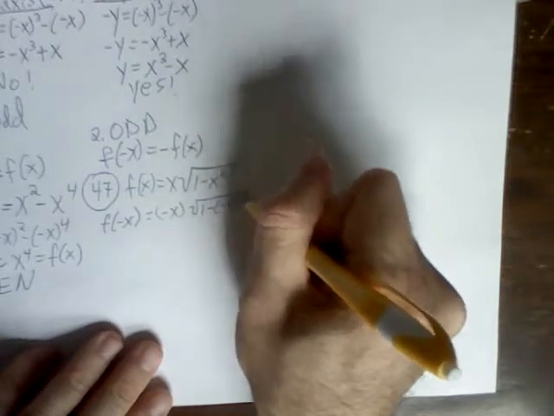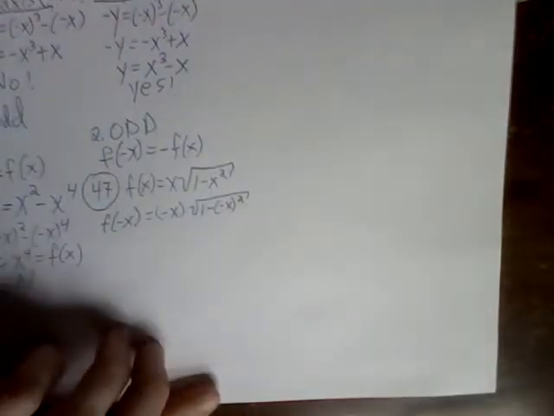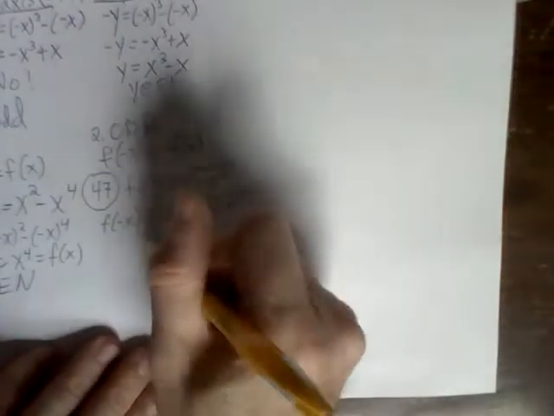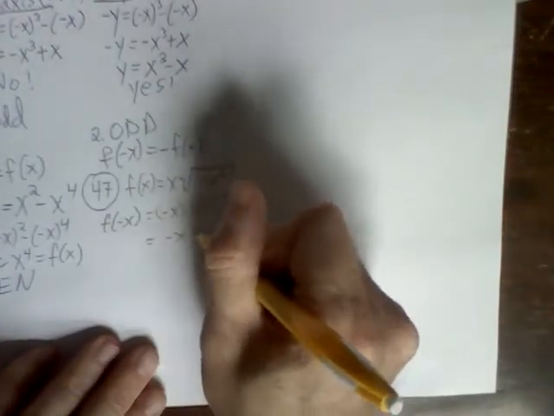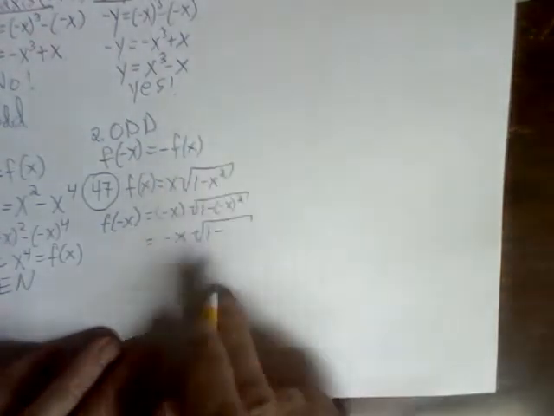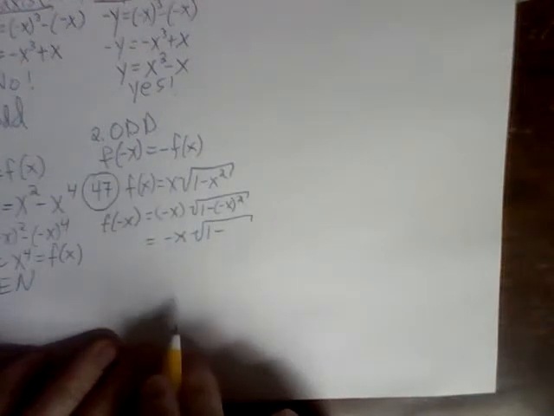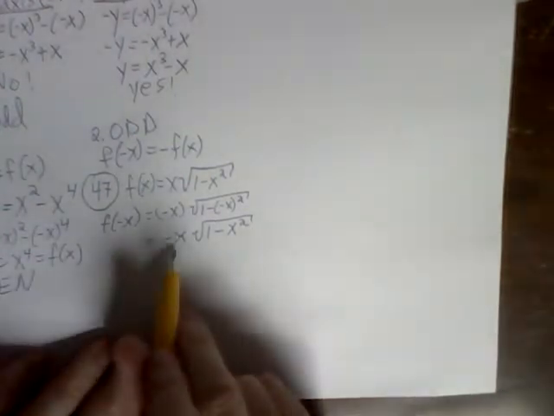Using good notation. And I'm simplifying, so I have just plain old negative x, and the square root of 1 minus negative x squared is x squared. Okay. And this is negative f of x.